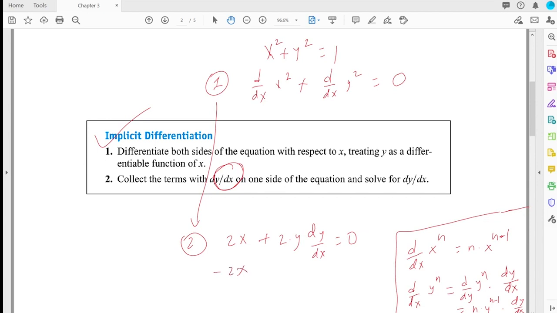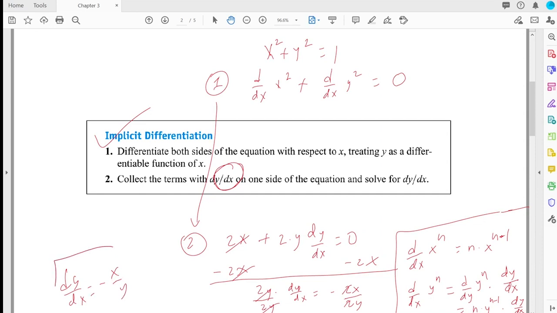Subtract 2x first, and that gives 2y times dy over dx equals negative 2x, and then divide both sides by 2y. So the derivative of y with respect to x is negative x over y. That's the answer. This derivative is called implicit differentiation.